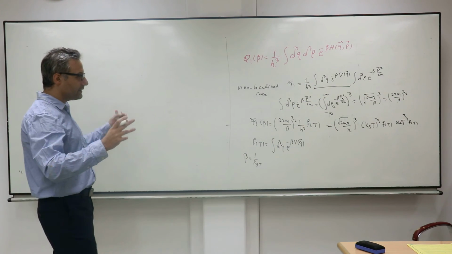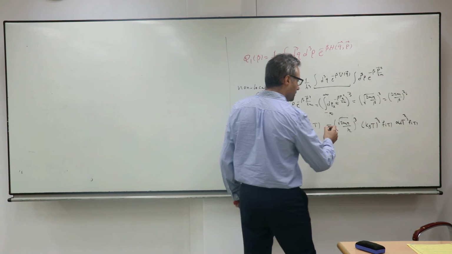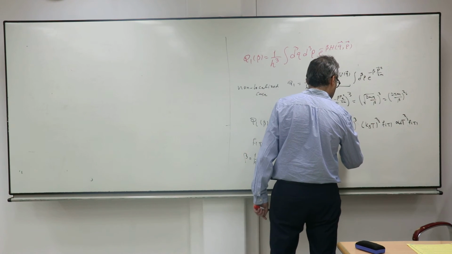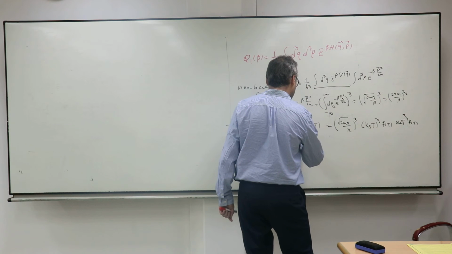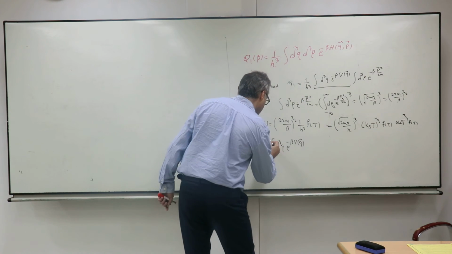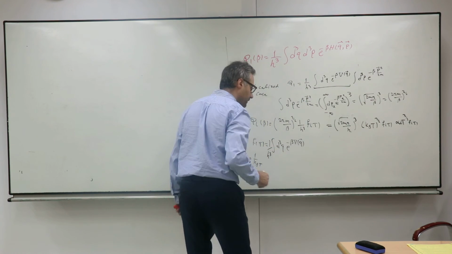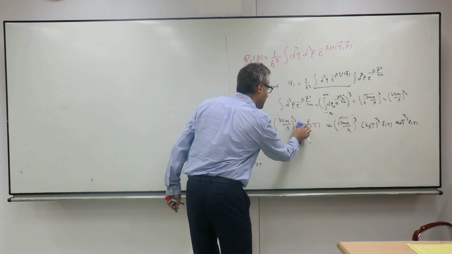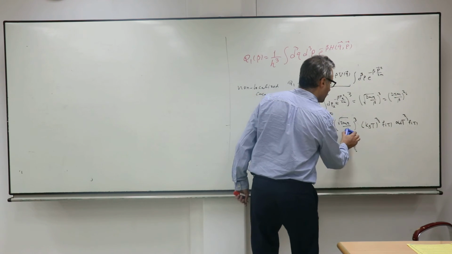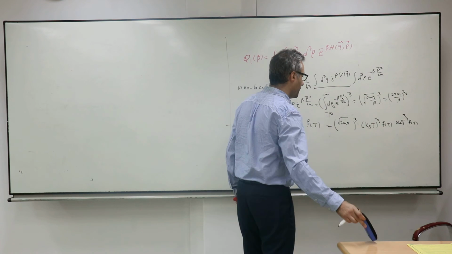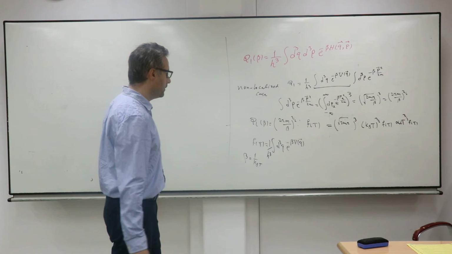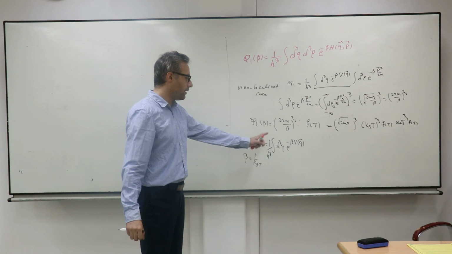It's very common to set this 1 over h cubed with this integral and define that; it is better to do that. With that, you don't need this here. It will be more beautiful. You can keep it here however you want.